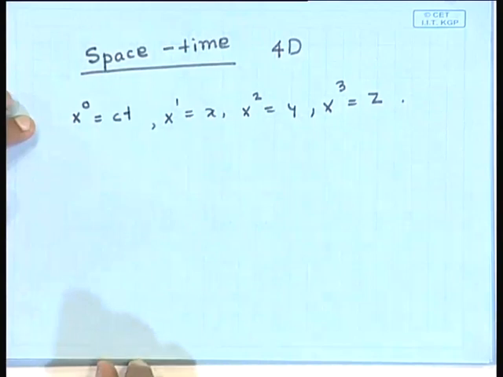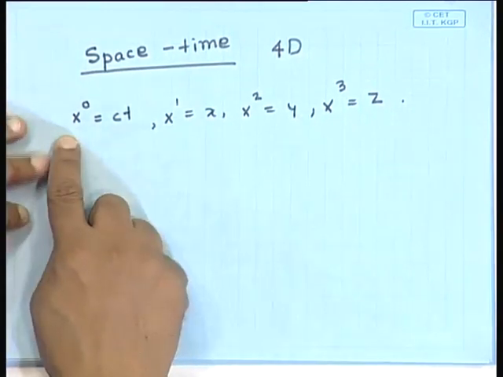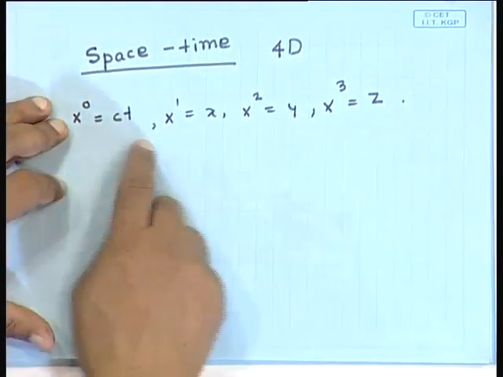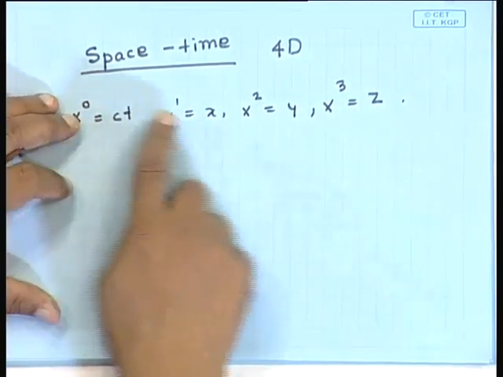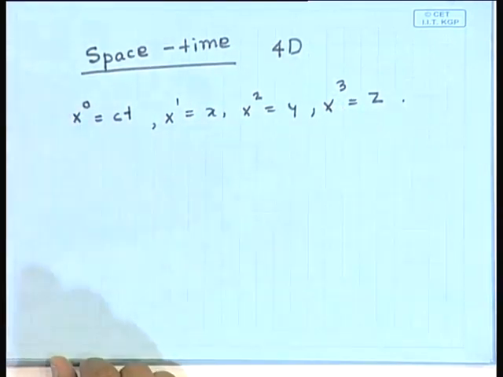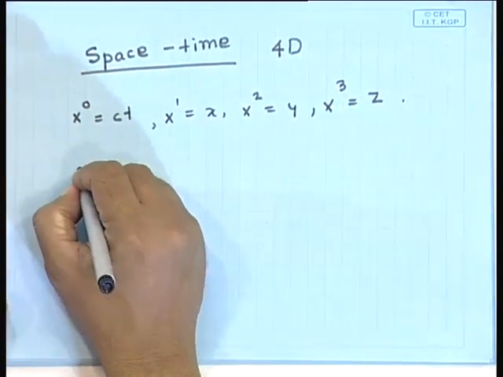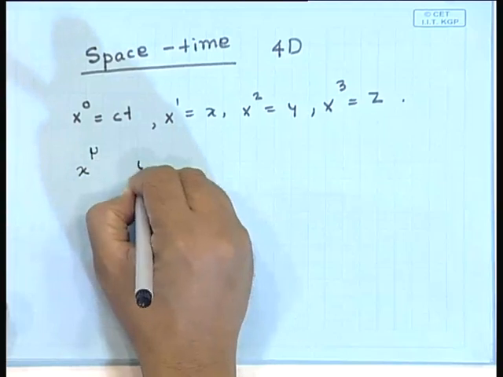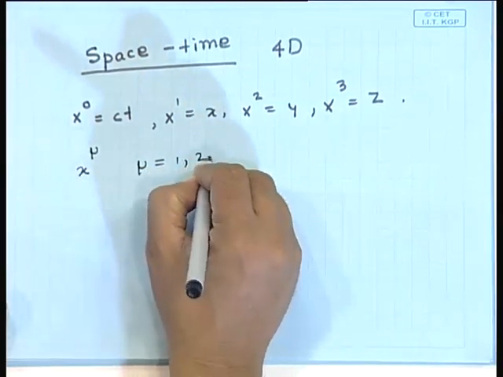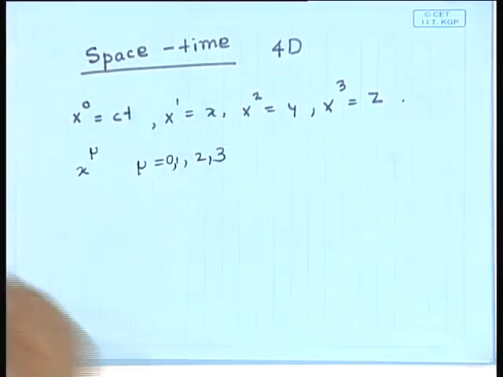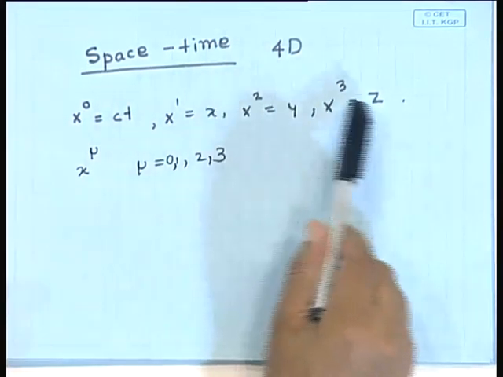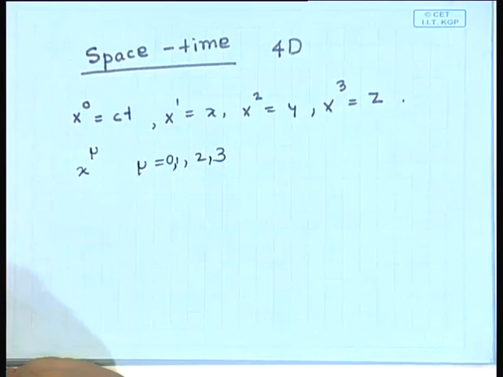Points in this four-dimensional space are labeled by the time and the position. So this x0 labels the time, x1, 2 and 3 label the position, and we can refer to this as x mu, where mu takes values 0, 1, 2 and 3. So xi refers to the space, x mu refers to space-time.